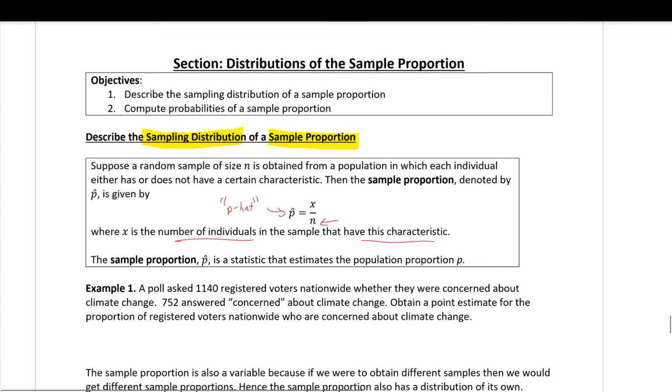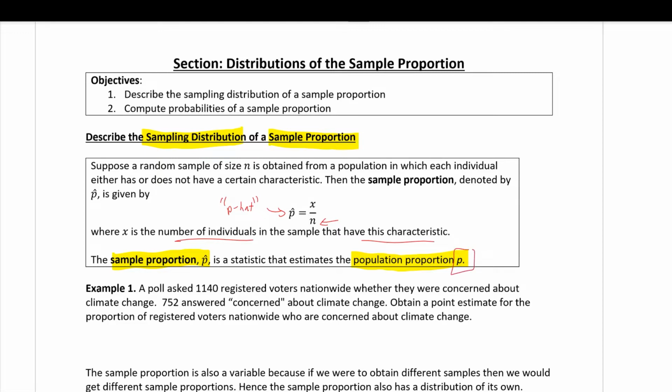So the sample proportion is called p hat, and the population proportion is just called p. This kind of goes away from the convention that we use Greek letters for population parameters. In this case, we just have the letter p, and for the sample statistic we're using p hat.